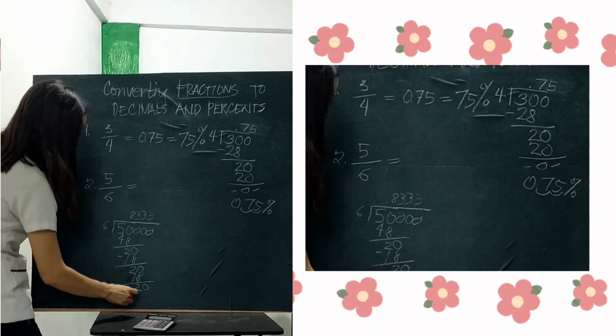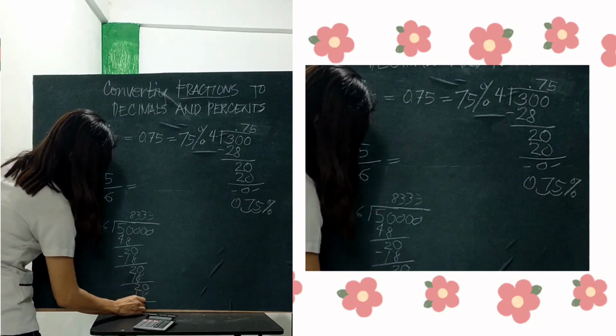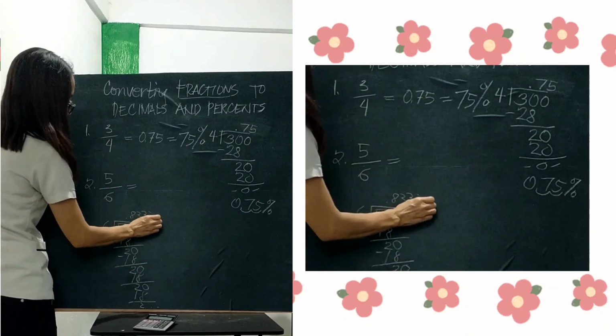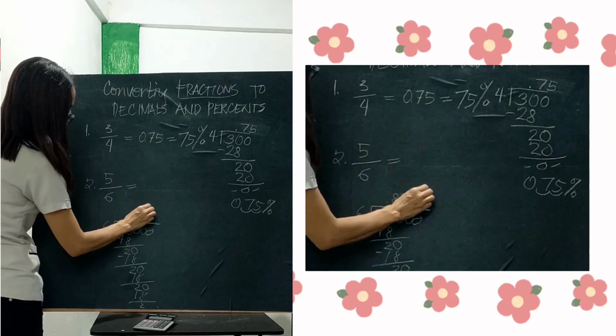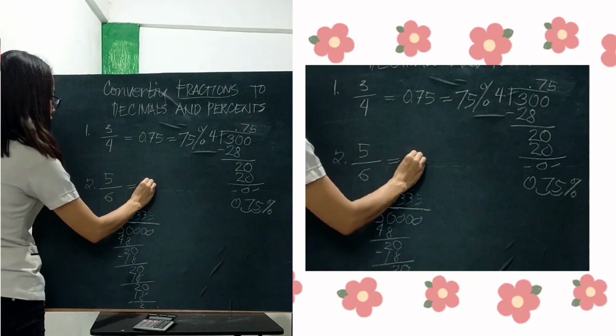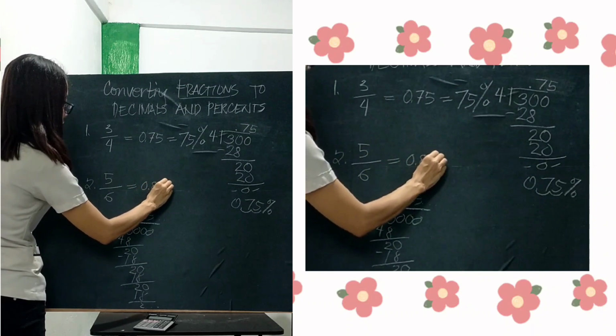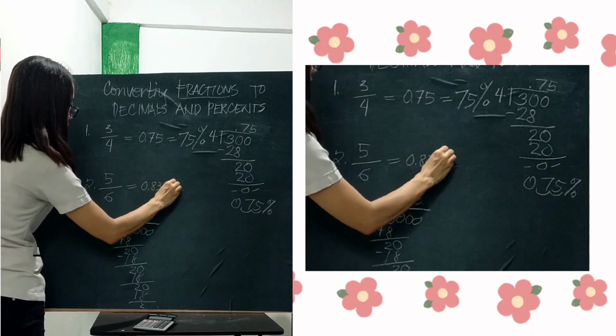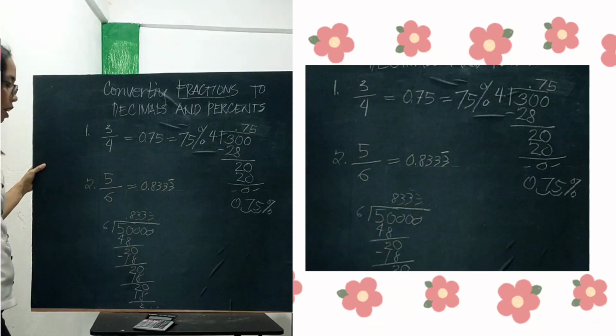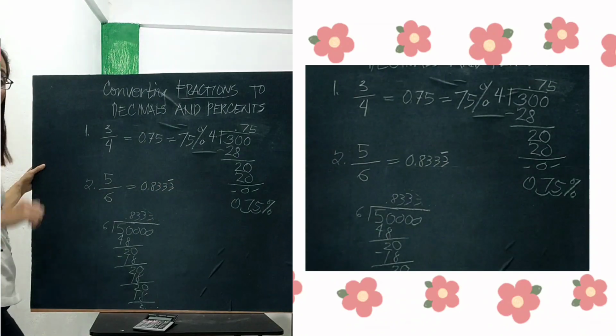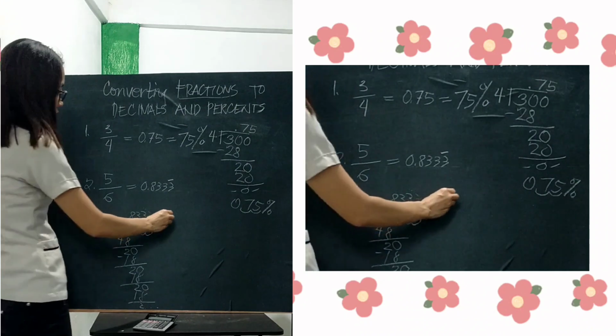3 times 6, 18, and so forth. So, the answer is 0.8333. Okay. So, how do we convert this into percent?